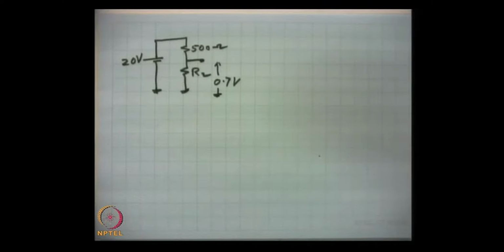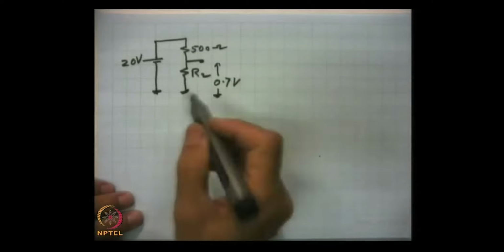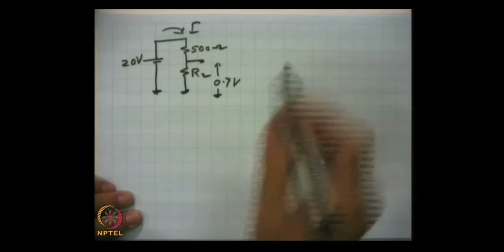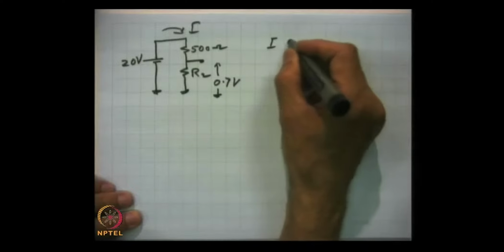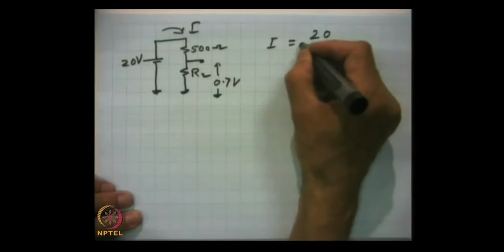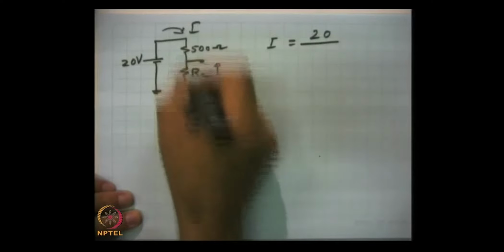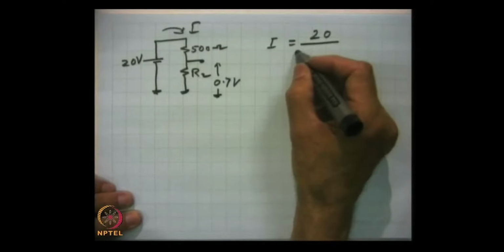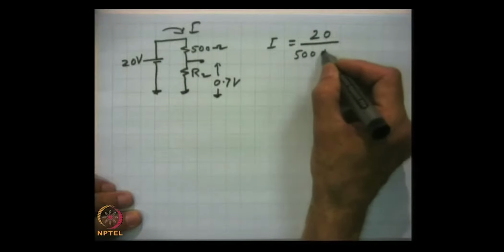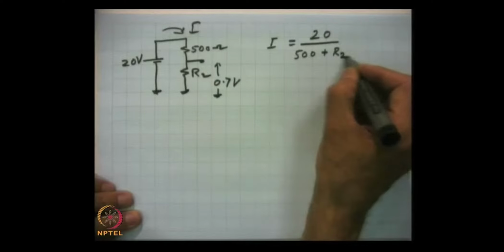I am sure the problem is now clear. How to do that? What is the current I through this circuit? The current is by simple Ohm's law, and these two resistances are in series. So, 500 ohms plus R2.